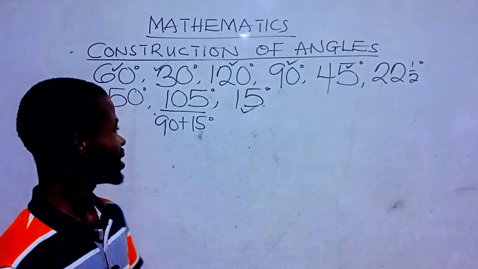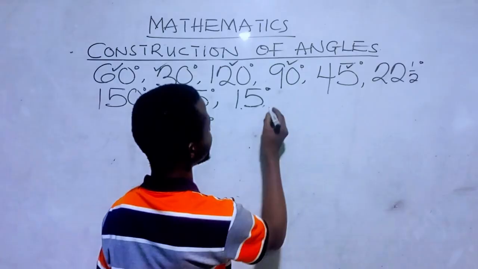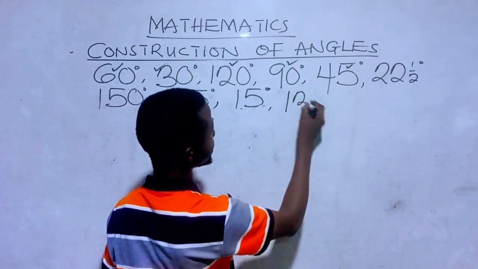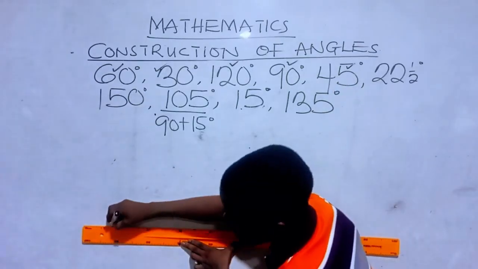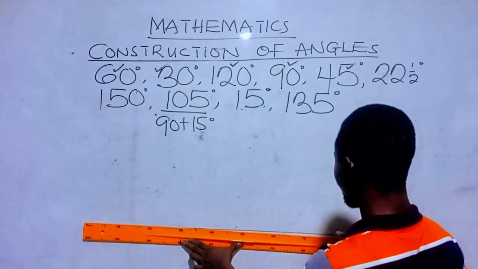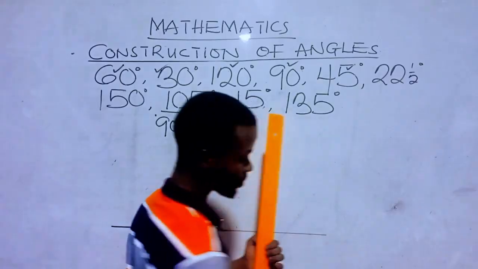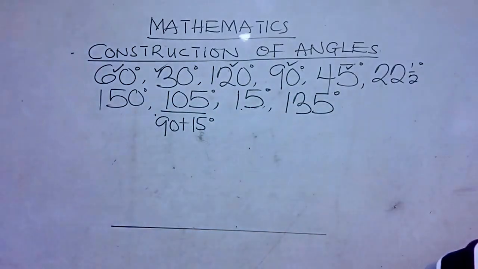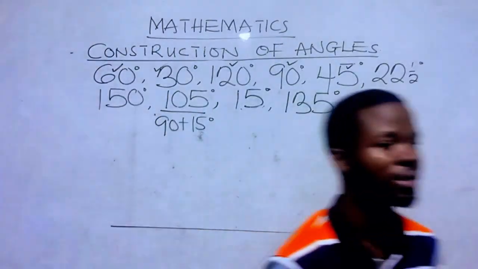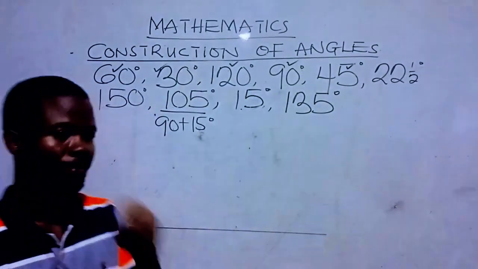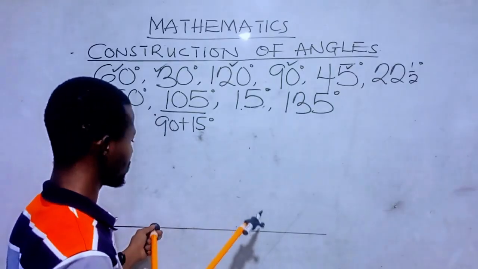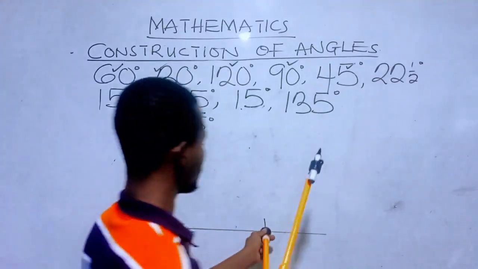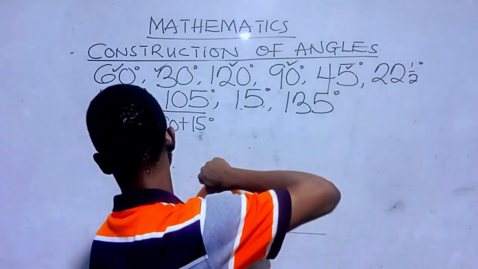Now there is one angle that we didn't add, which is 135 degrees. So I'll start with a straight line. I'll measure the required length like this.